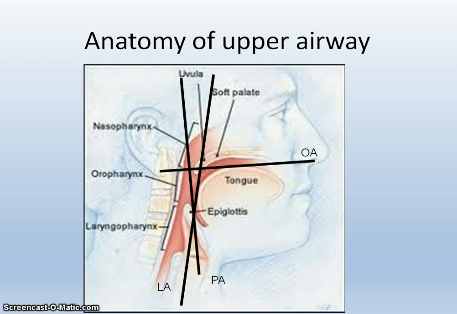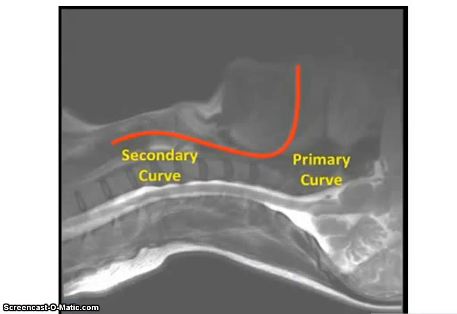All the axes need to be aligned. The other theory that has been put forward is the primary curve and secondary curve theory, where flattening of the primary and secondary curves will help to bring a much better visualization of the vocal cord.